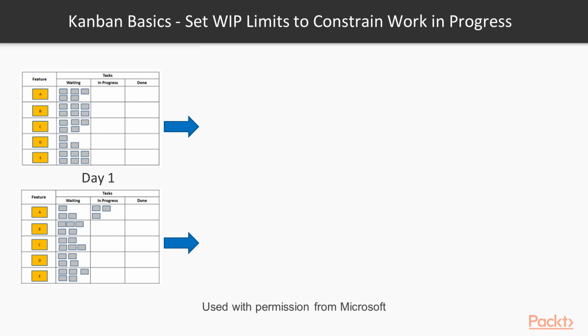So let's take two separate teams. The top team is not using WIP limits. The bottom team is using WIP limits. At the start, the bottom team limit themselves to 3 in-progress activities, whereas the team on the top don't.